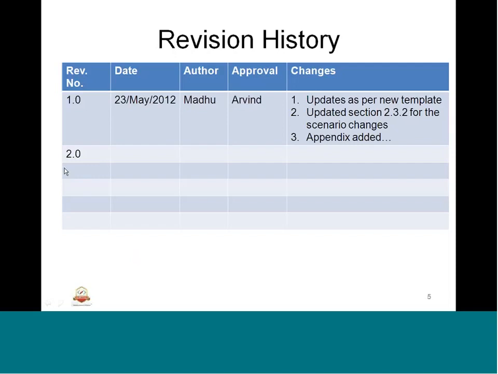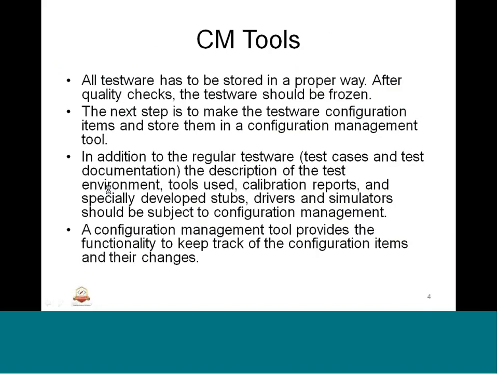Similarly, upon the next change, we highlight it as revision number 2, 3, 4, and so on. Each one identifies clearly the revised or updated details, the change details undertaken within that revision. That is the revision history, how we mention it for each CI.